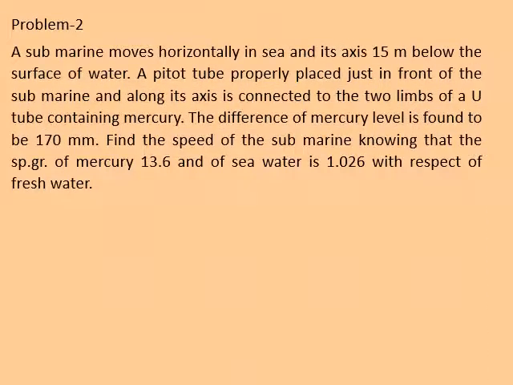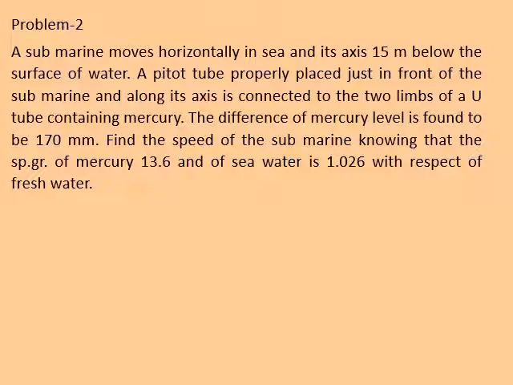So now numerical number 2. A submarine moves horizontally in sea and its axis is 15 meter below the surface of water. A Pitot tube properly placed just in front of the submarine and along its axis is connected to two limbs of a U-tube containing mercury.